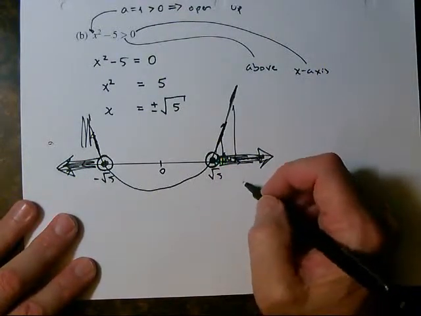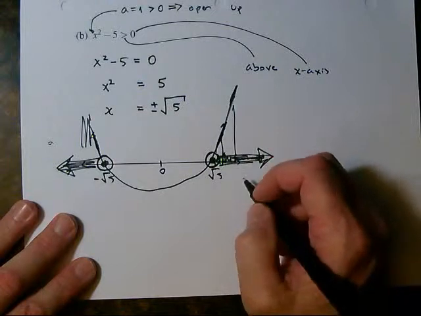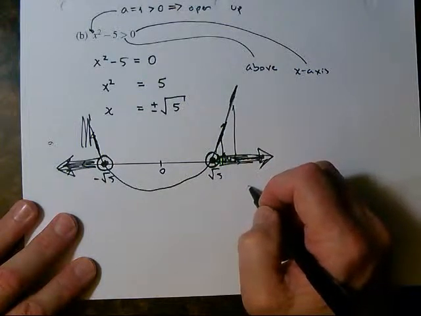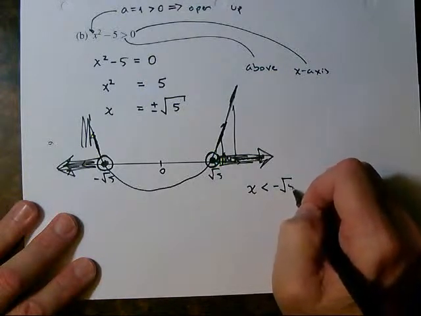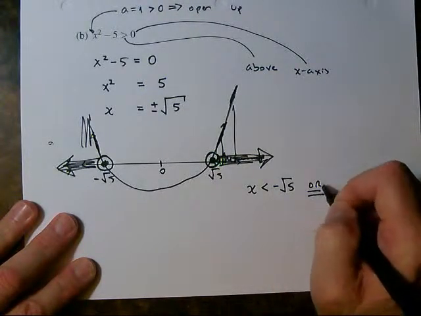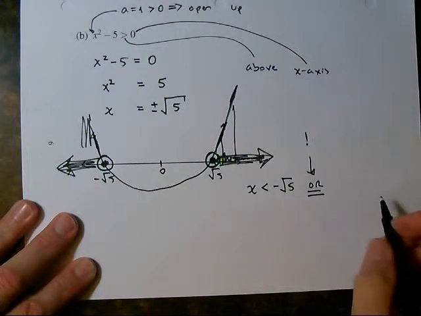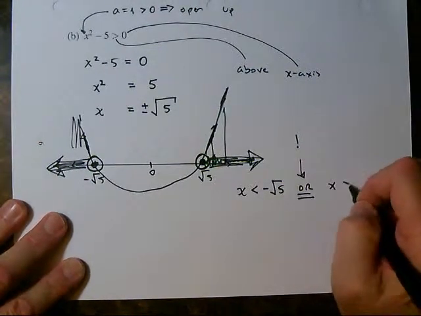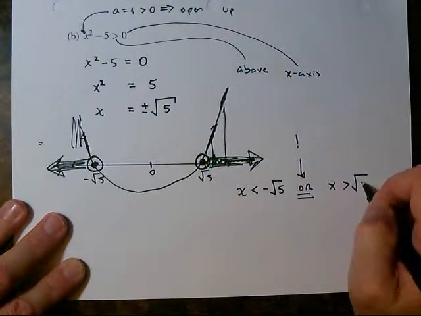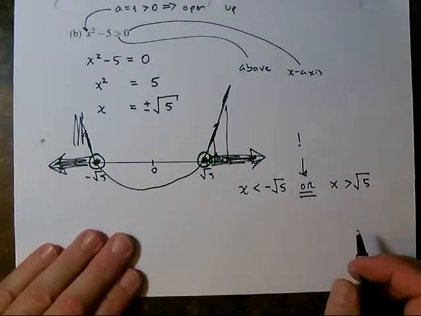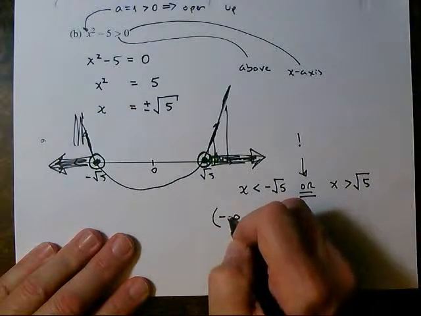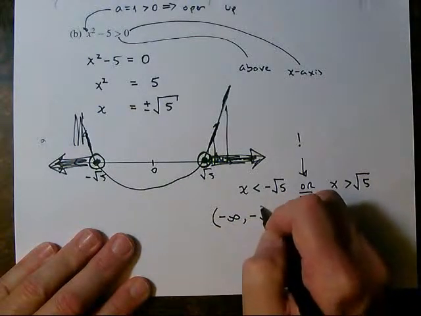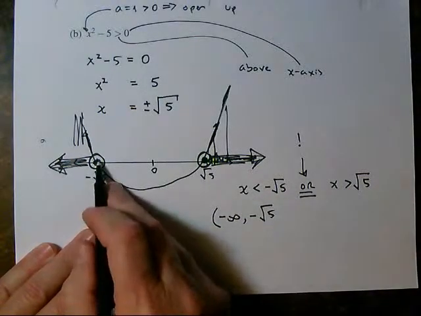We simply need to write down the solutions now. If for some reason you need to have an inequality, then you would simply say x is less than negative square root of 5, or, that or is required there, x is greater than positive square root of 5. If you're writing as intervals, you'll have two intervals unioned together, negative infinity, negative square root of 5.